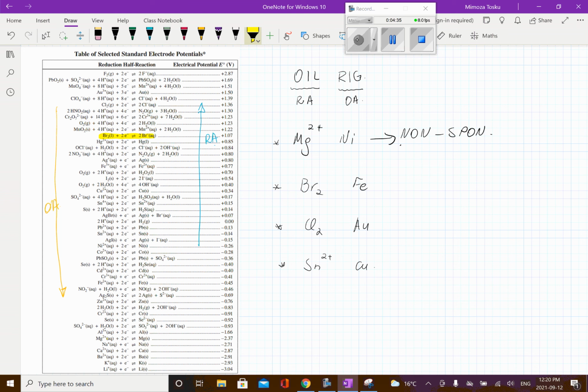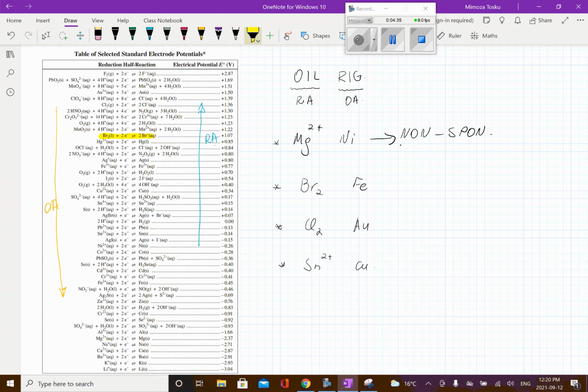When you connect those two, from the oxidizing agent to the reducing agent, it's a natural fall, which means that this is a spontaneous reaction.